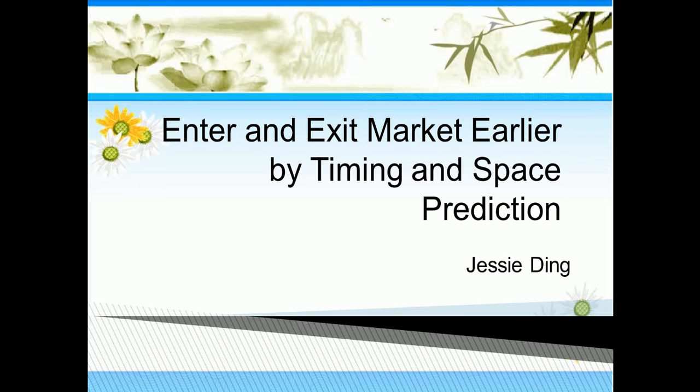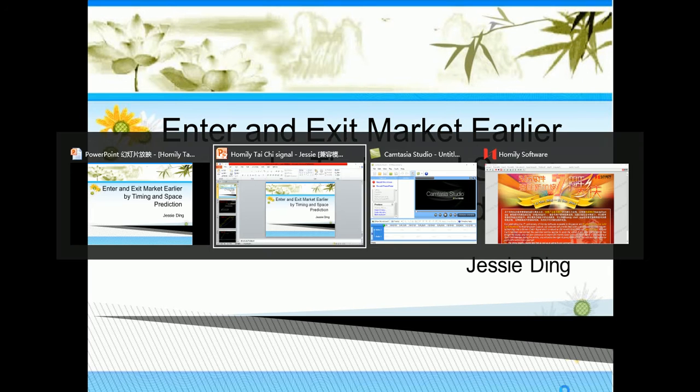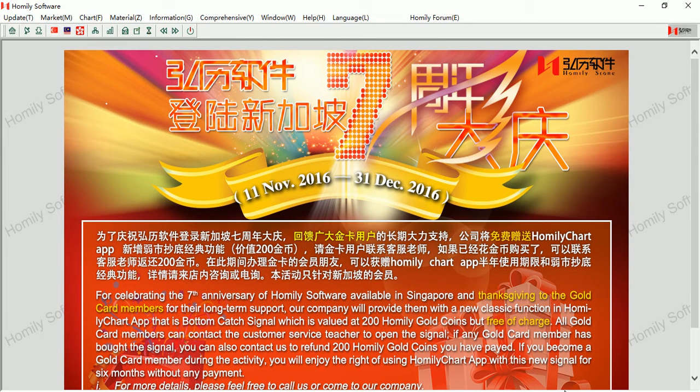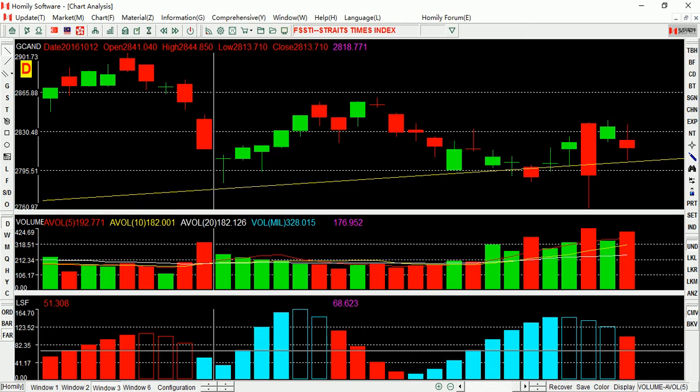So South Asia will also be influenced, including Singapore, right? So I think the economy of Singapore will slow down. So we should pay more attention to the current market. Firstly, let's analyze the market.